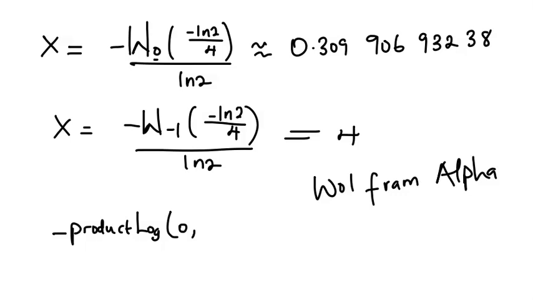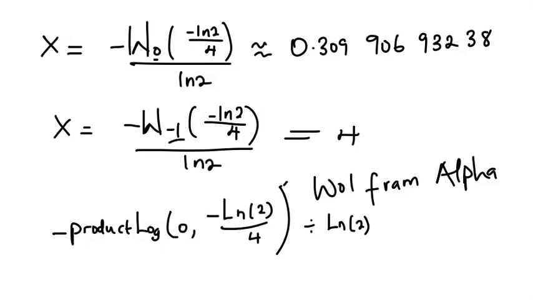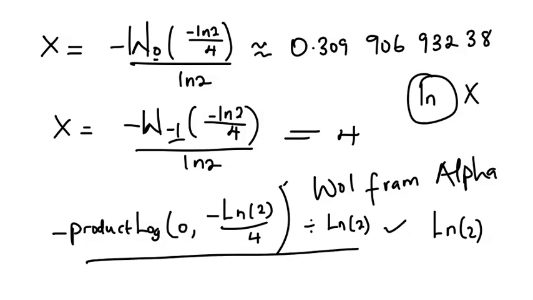You don't need to make a subscript because Wolfram Alpha may not understand what you are talking about. The negative natural log of 2, you will write it as -L, capital L, n. Then you can put your 2 divided by 4, close that bracket. Then you can write divided by the ln of 2. Wolfram Alpha doesn't understand ln like this. It rather understands it like this. Okay, so this is how you can take the input in Wolfram Alpha.